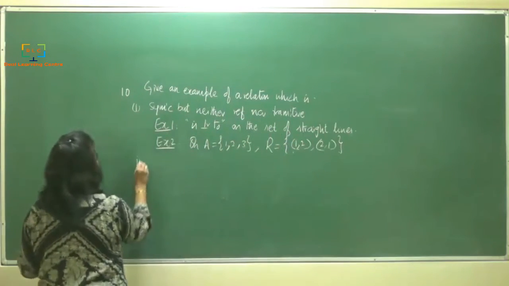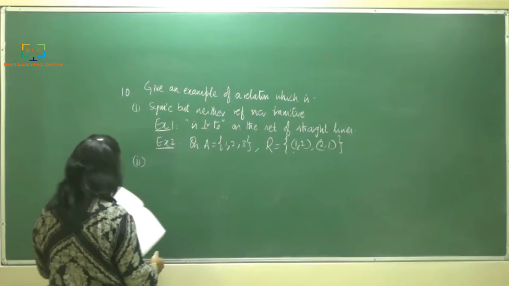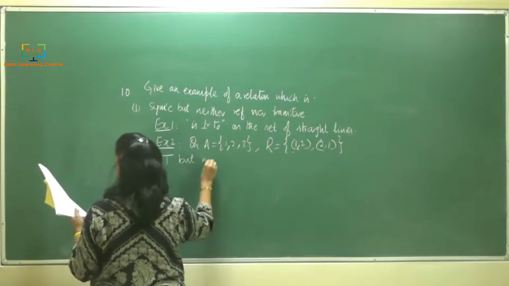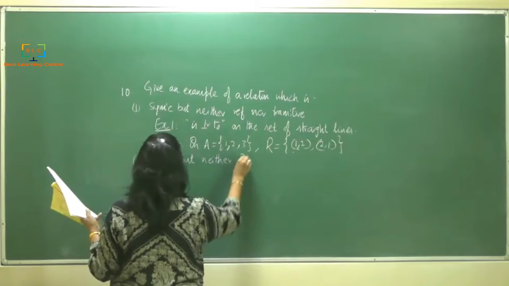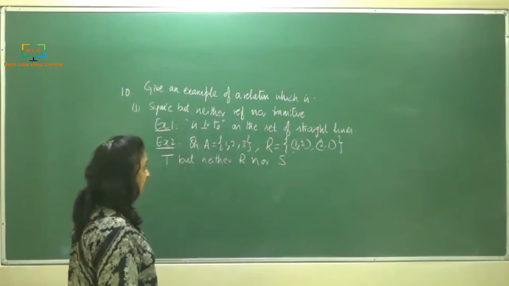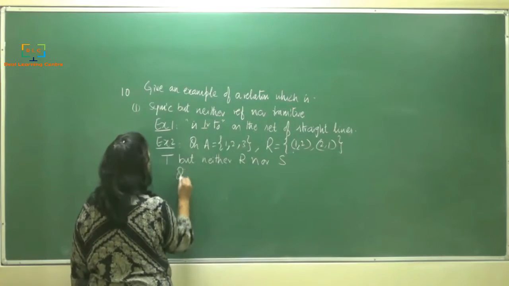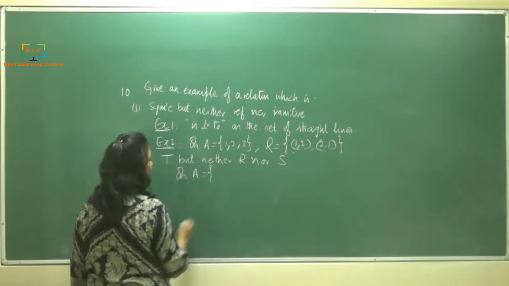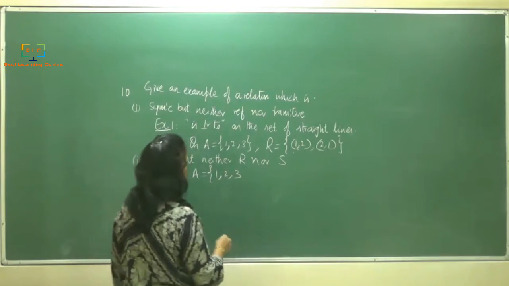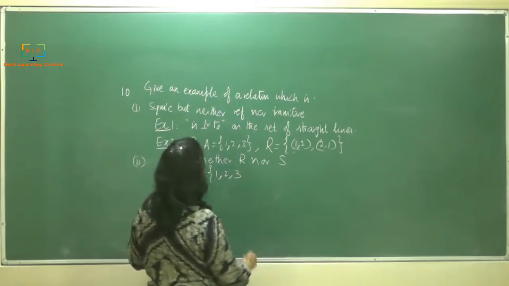Now let me go to the second one. They say like this, I'll use R, S, T, children. It should be transitive, but neither R nor S. It should not be reflexive, it should not be symmetric, but it should be only transitive. So now again I'll go to example 1 on A equals {1, 2, 3}.